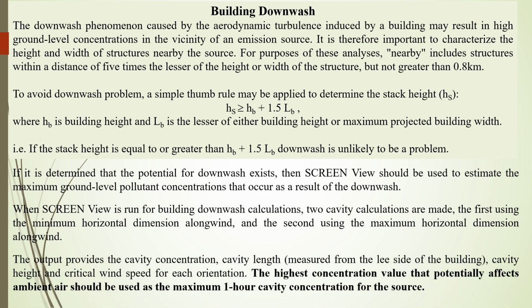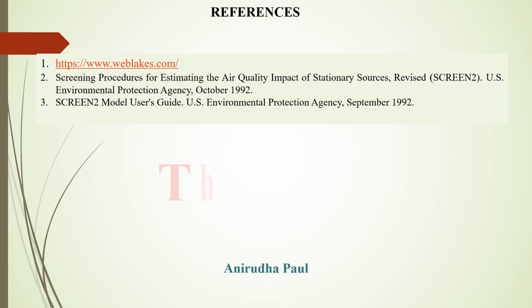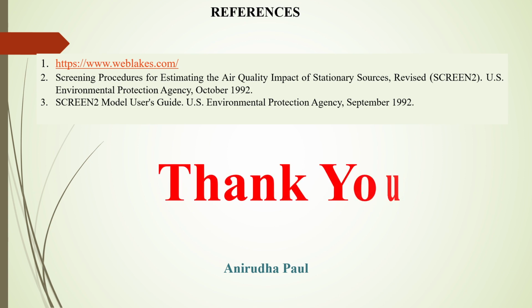And the output provides the cavity concentration, cavity length, cavity height, and critical wind speed for each orientation, and the highest concentration value that potentially affects ambient air should be used as the maximum 1 hour cavity concentration for the source. So for further and more information, you can go through the reference here.